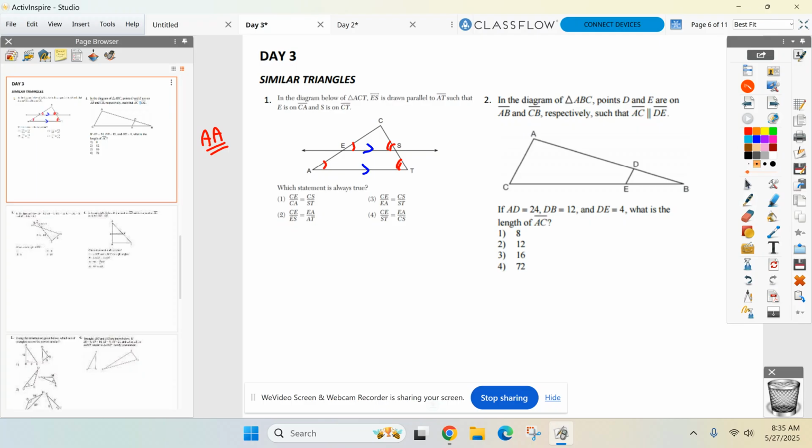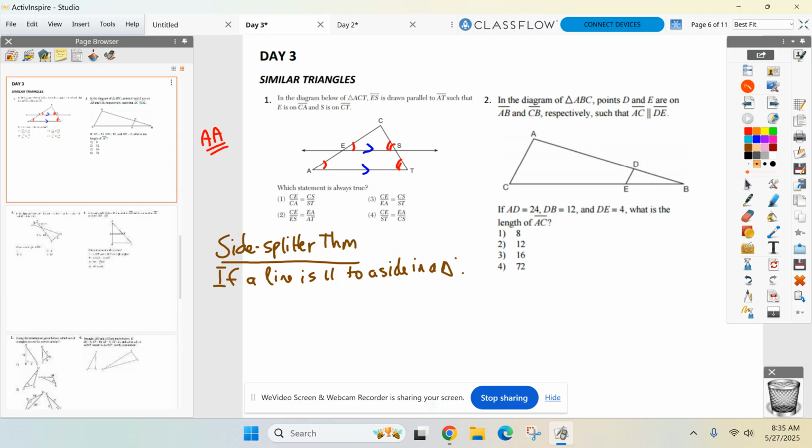First thing I want to review with you is what we have called the side splitter theorem. All right, side splitter theorem. If a line is parallel to a side in a triangle, which is what I have, don't I?